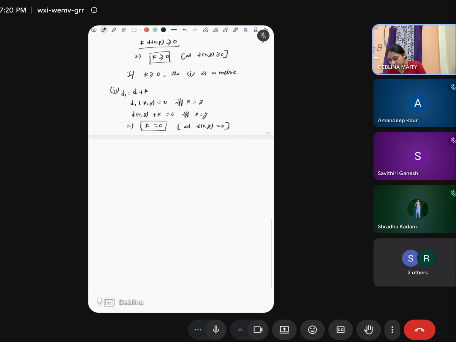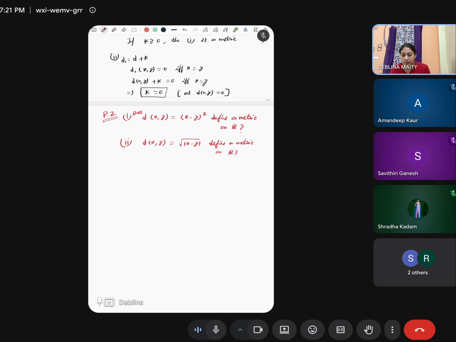Okay, let's go to the next problem then. So the first one: if d(x,y) equals (x minus y) whole square in R, does this define a metric?